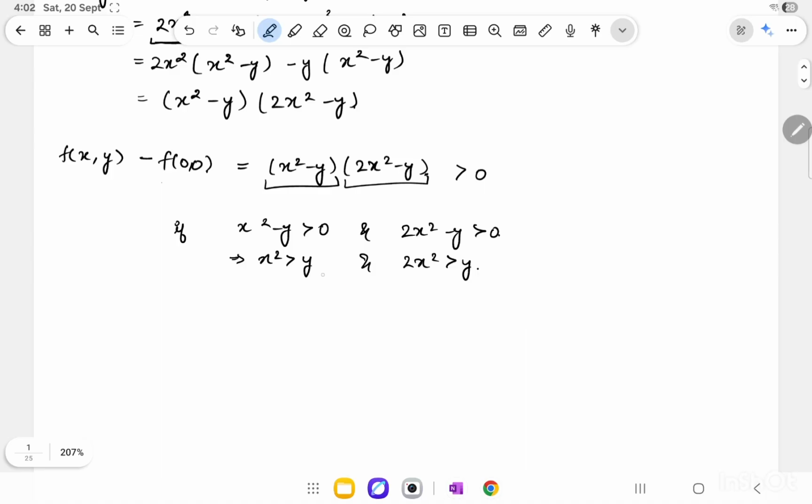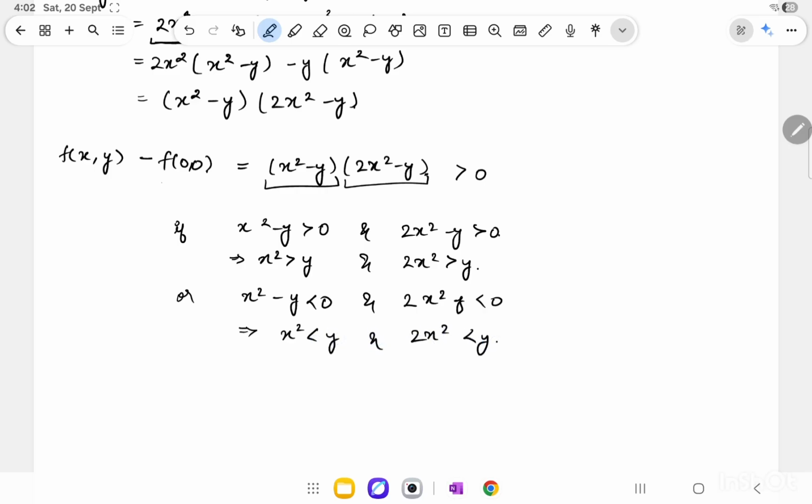Or x^2 minus y is less than 0 and 2x^2 minus y is less than 0, which gives x^2 less than y and 2x^2 less than y. Likewise, it can have a negative sign if one factor is positive and the other is negative.